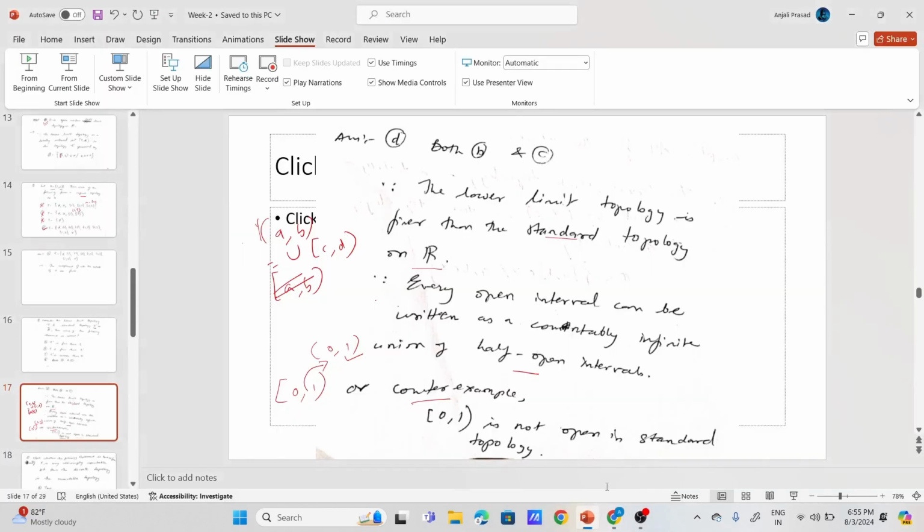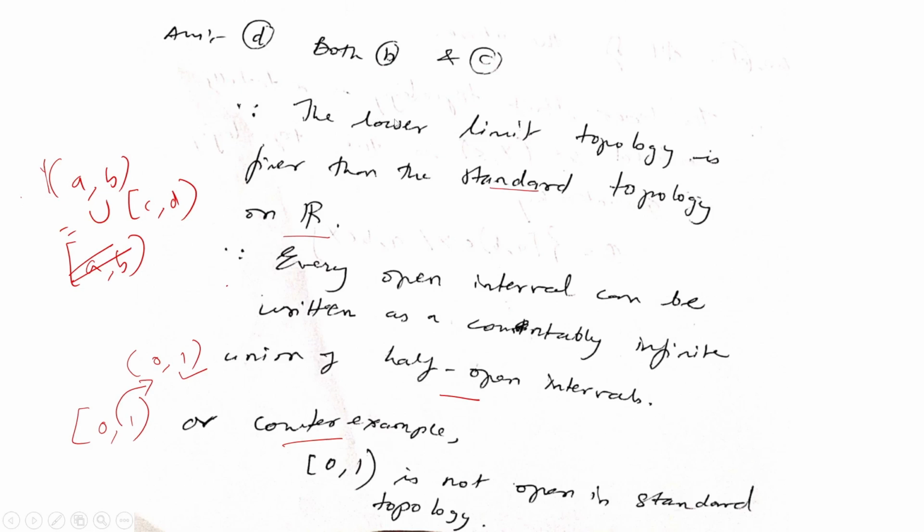Yeah, so the logic is this. If you have R and you have two topologies tau and tau dash, one is the lower limit topology and the other is our standard topology. The logic behind it is that every open interval, that is usual, can be written as a union of such kind of intervals.